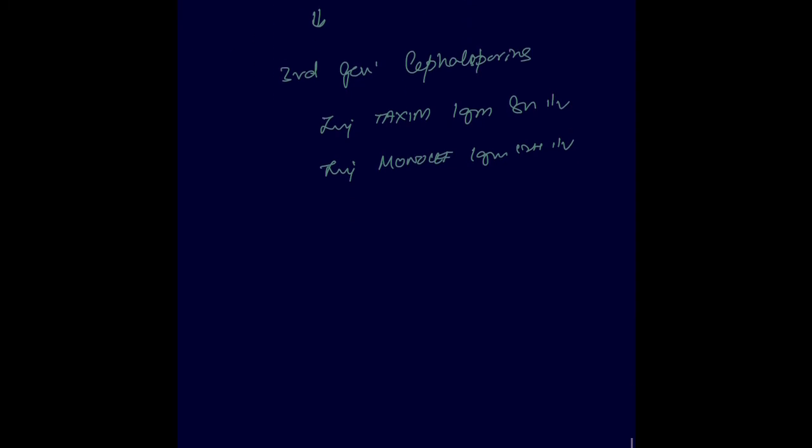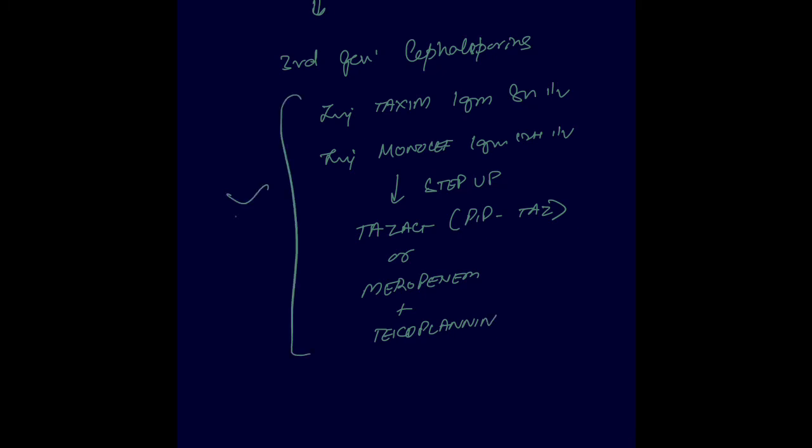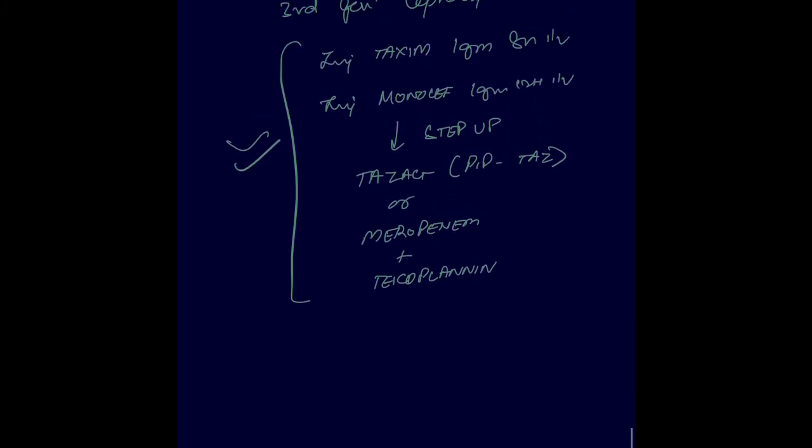If the patient is in severe sepsis or shock, you can step up the antibiotics to Tazact, that is piperacillin tazobactam, or even meropenem plus teicoplanin, depending on the patient's condition. It is a physician's decision.